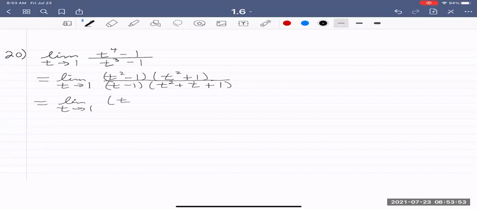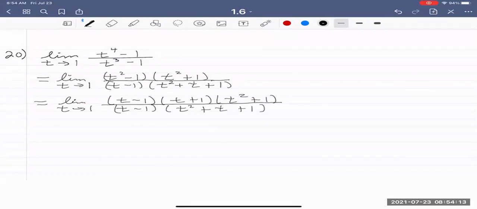Simplify. Difference of squares. Everything else is just going to remain the same. And now let's cancel. Canceling, these expressions, after I've canceled, will still be equal in a deleted neighborhood of 1.